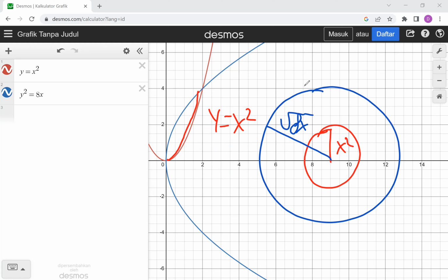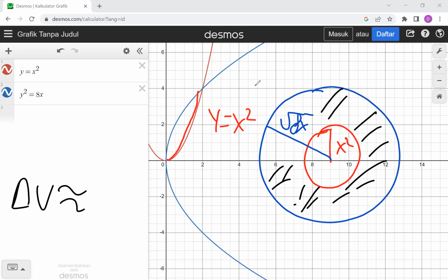And x is from 0 until 2. So if we want to obtain the estimate of the volume, then delta V is approximately the volume of a cylinder, and its base is this region only.